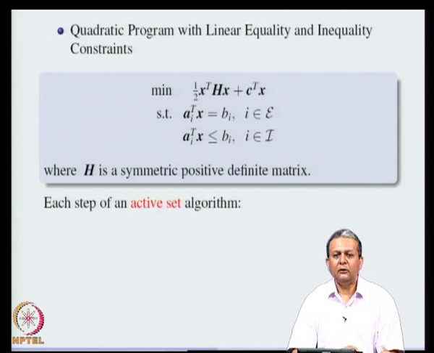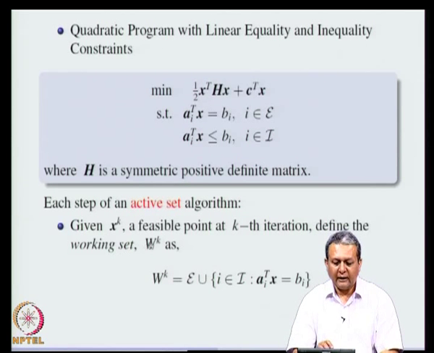In addition to those equality constraints, one has to check whether some of the inequality constraints are also active, and all such constraints put together form an active set, also called a working set, at a given point xk.